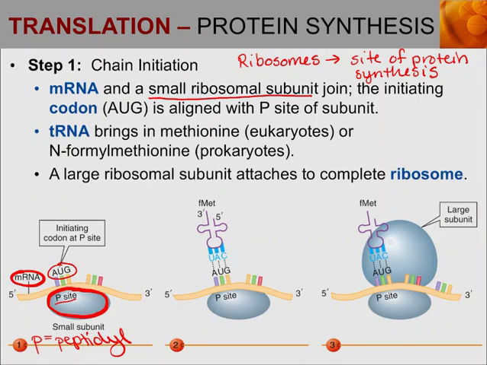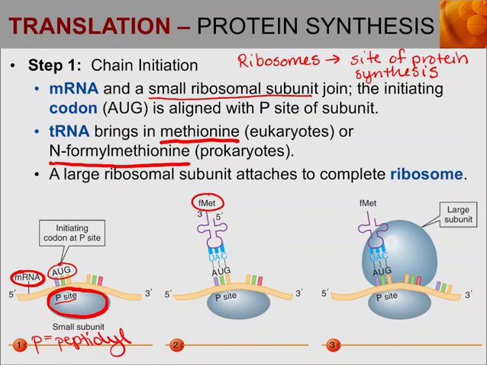Okay, so now that we've started our process, a specific tRNA is going to come in with methionine or something called N-formyl methionine, excuse me. So we just call that FMET for short. And its code is UAC, so that perfectly aligns with AUG.